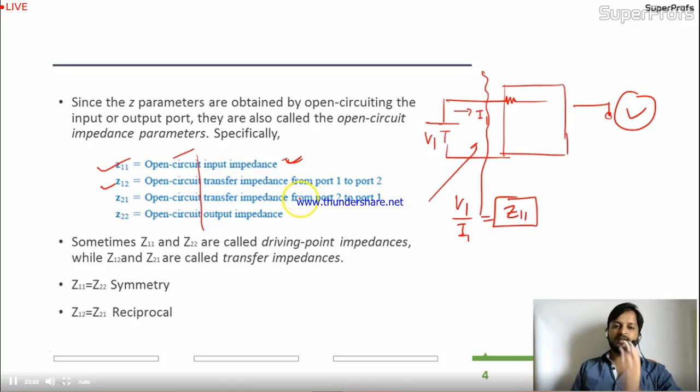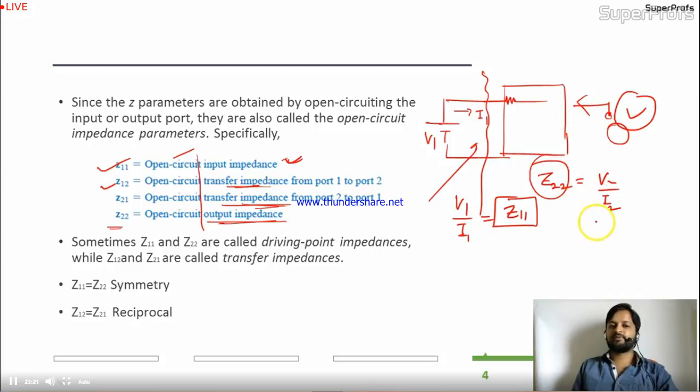That's why it's called the transfer impedance. Similarly, Z21 will be the transfer impedance. What is Z22? It will be the output impedance because Z22 equals V2 by I2: output stage voltage, output stage current. So Z22 is the output stage impedance.